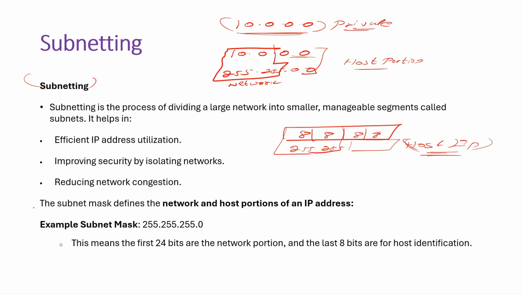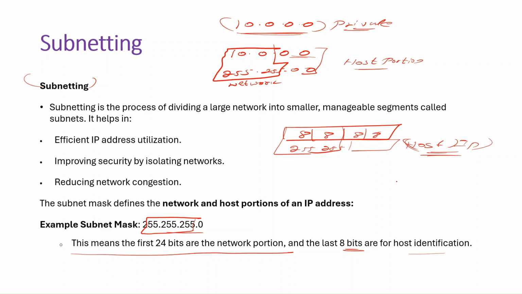Okay. So consider the example of 255.255.255.0. This means the first 24 bits are network portion. So I cannot use this for host. So I will use this subnet for assembling my network, and the last 8 bits I am going to use for my hosts. Okay. So likewise, I can slice the network, and I can use it in smaller chunks, so that I can avoid a large number of IP usage in my network.